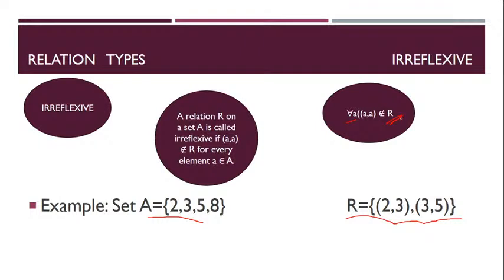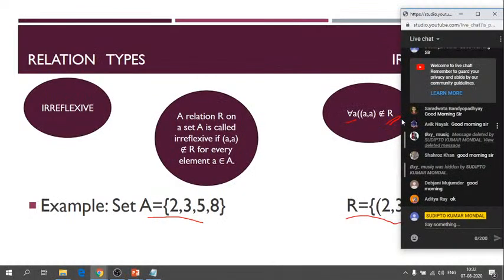So this way, if I ask you one thing: reflexive and irreflexive, they are complement in nature. Is it true or false? Complement means, as we know, one's complement is 0, zero's complement is 1. So is it true or false?